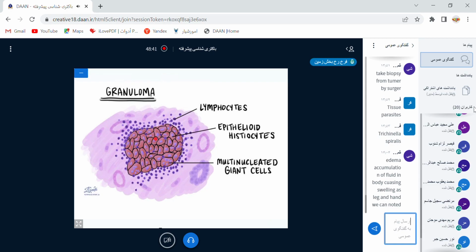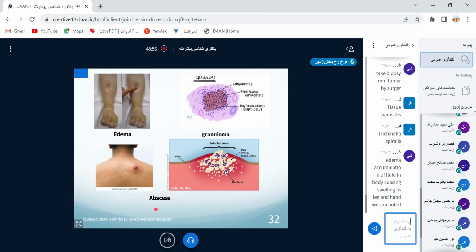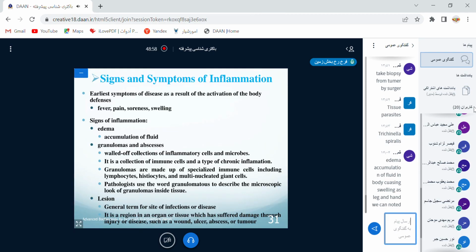It is a war in the location of presence of pathogenic bacteria: lymphocytes, epithelioid histiocytes, multinucleated giant cells, and many bacteria. So what is this? This is granuloma. It is a collection of immune cells and a type of chronic inflammation.